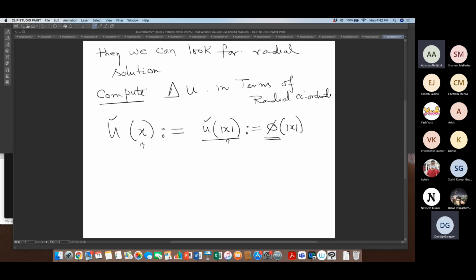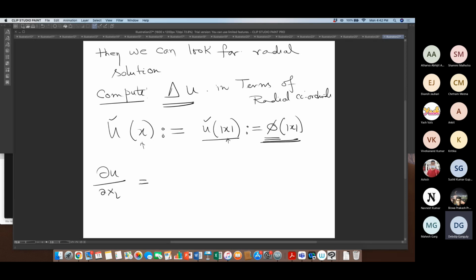Now what is del u by del xi? I want to compute the Laplacian of u in terms of phi. Can anyone tell me quickly? Phi prime of mod x into del r by del xi, where mod x equals r. What is r? r is (x1 square plus dot dot dot xn square) to the power half.